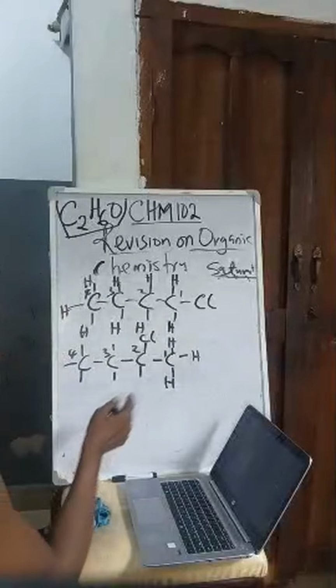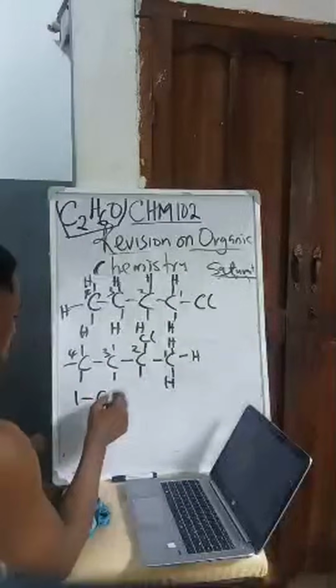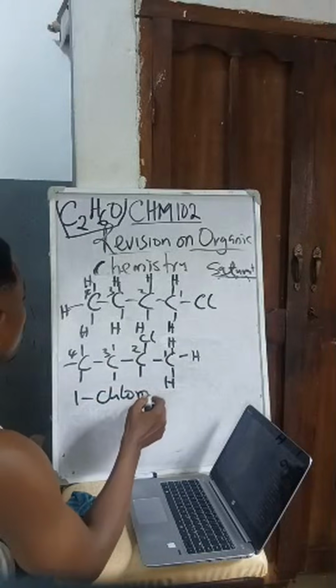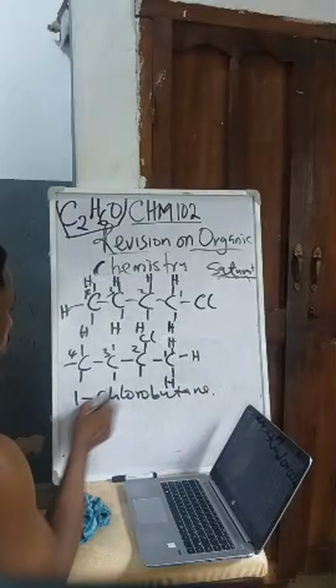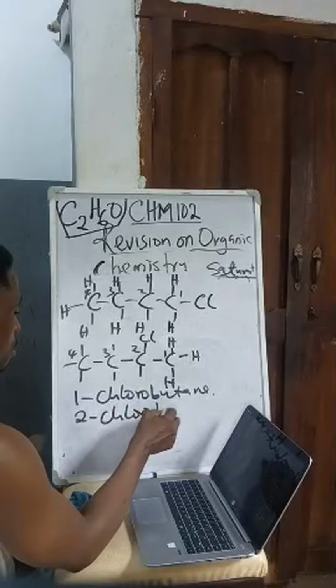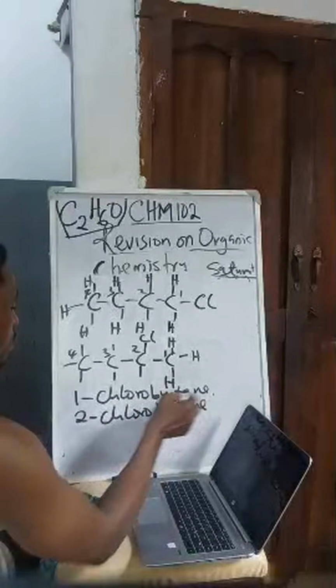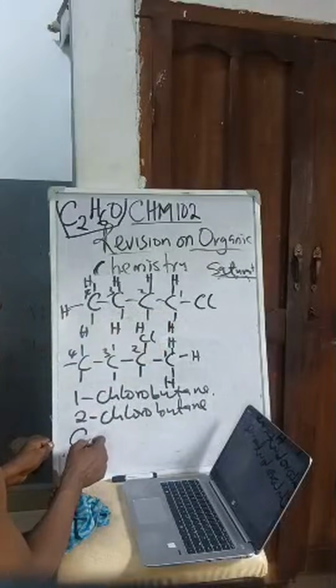This is called what? 1-chlorobutane, but this is called 2-chlorobutane. Now, what is the general formula? How many C do we have here? C4.